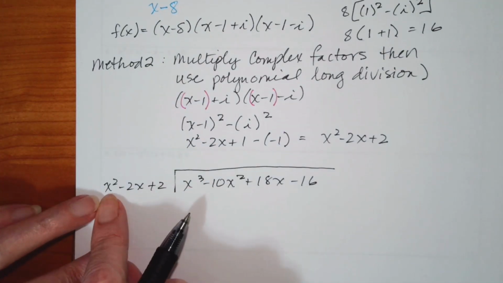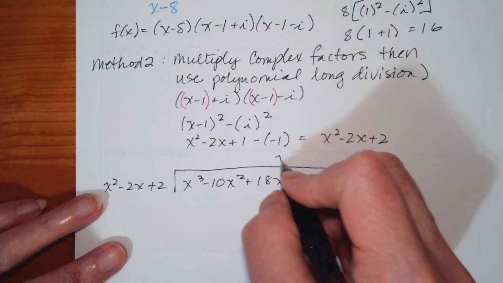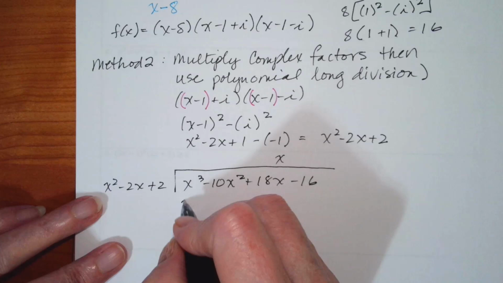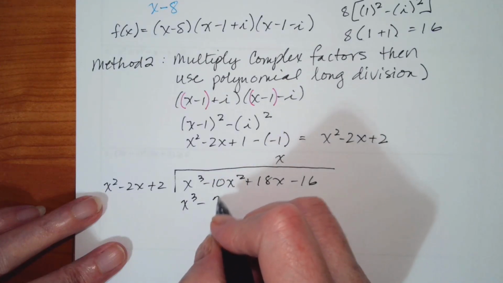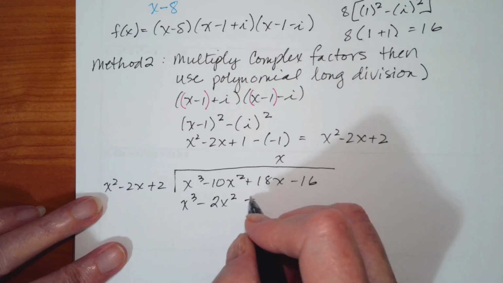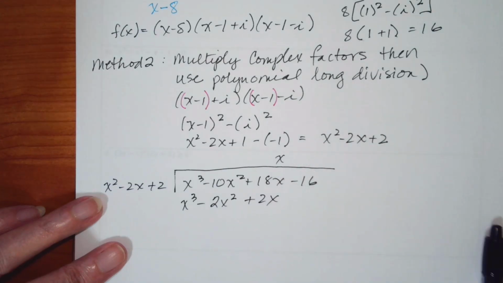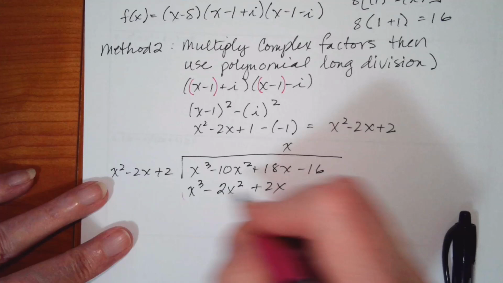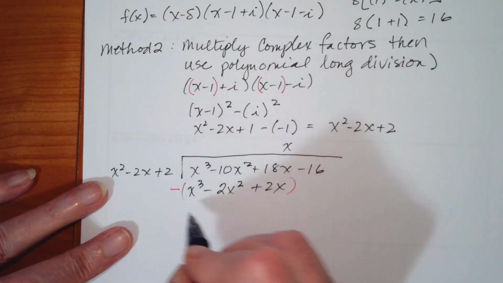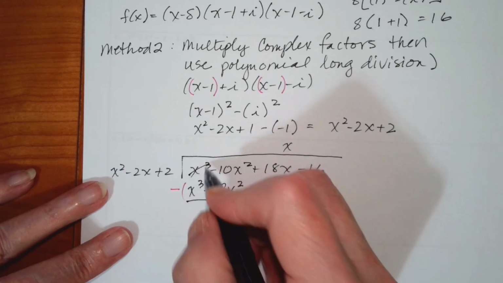Okay, x to the third divided by x to the second is x. When I multiply that, I get x to the third minus 2x to the second plus 2x. And of course, remembering now I'm subtracting. So that cancels out.